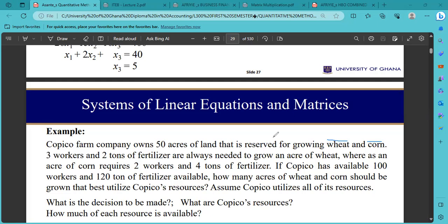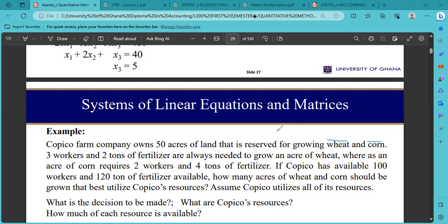If Copico has available 100 workers and 120 tons of fertilizers, how many acres of wheat and corn should be grown that best utilize Copico's resources? Assume Copico uses all of its resources.